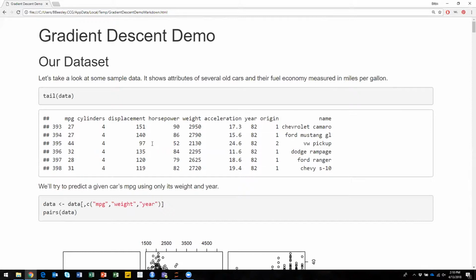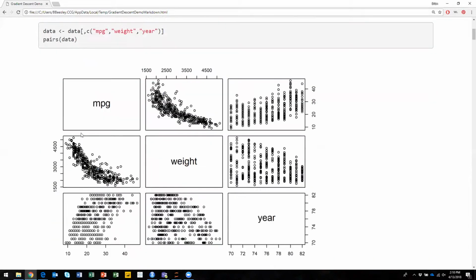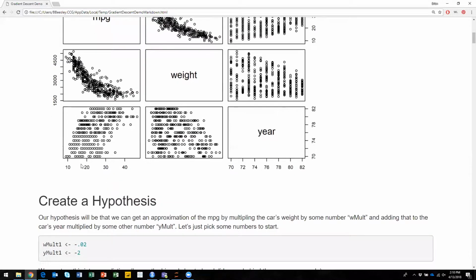And for the purposes of this first demonstration, to help you get the intuition behind gradient descent, we're going to limit our variable set just to miles per gallon, weight, and year. What we're going to try and do here is create a model that predicts a car's miles per gallon, given its weight and what year it was manufactured. We're just going to limit it to that.